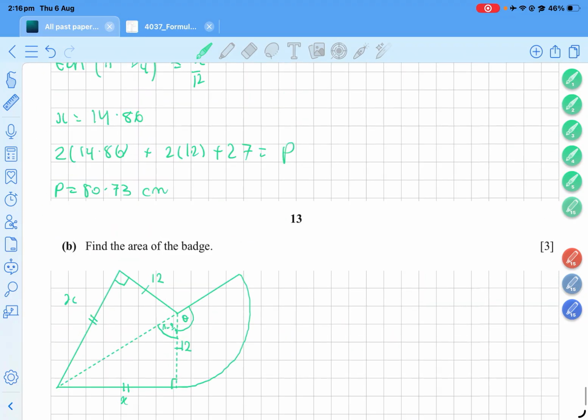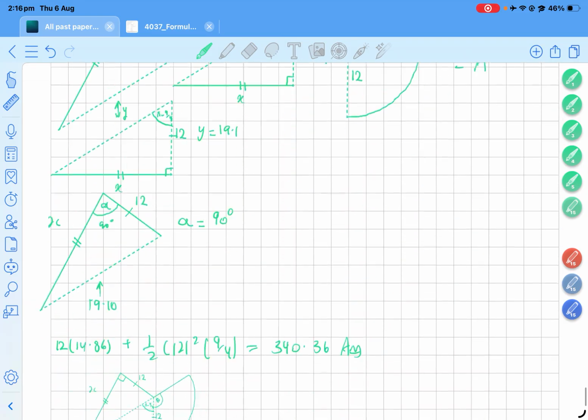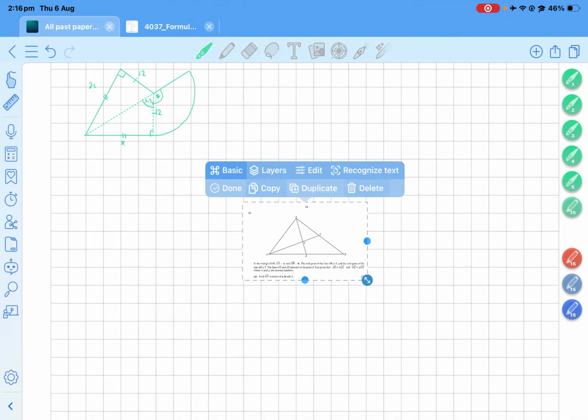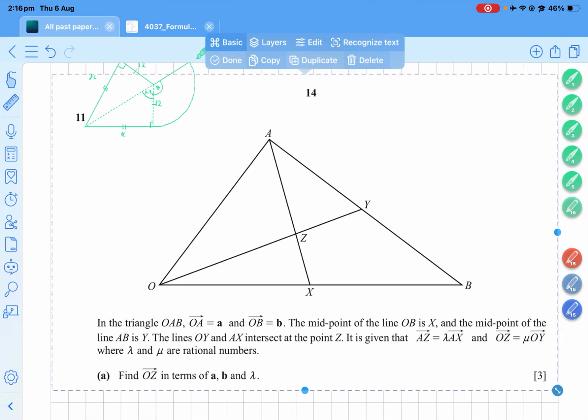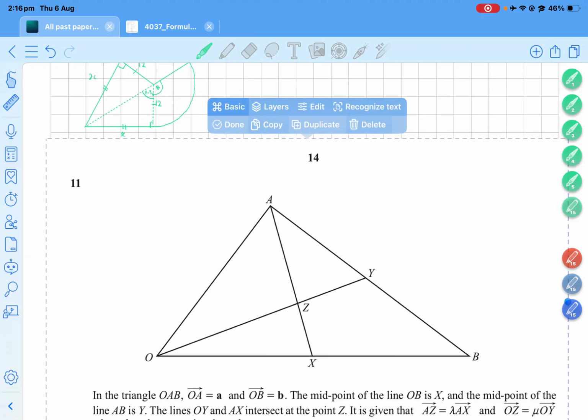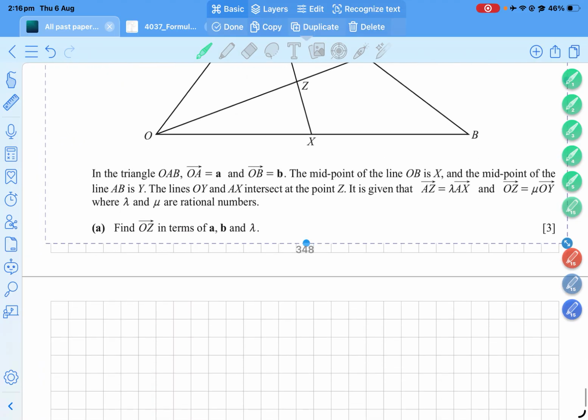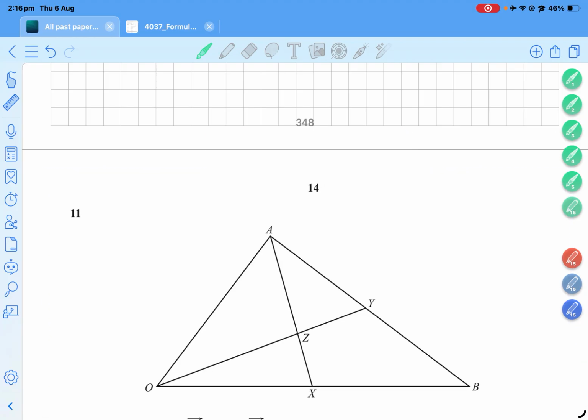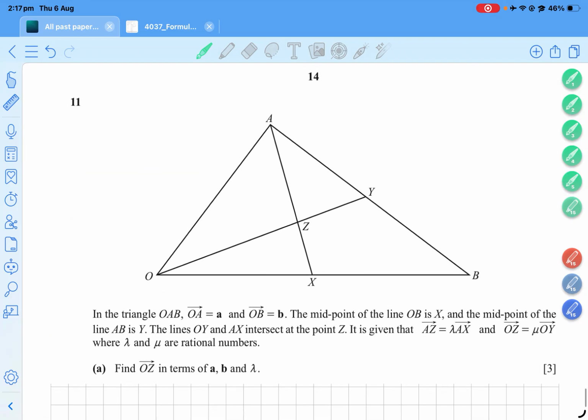Question number, I think this is 10. Yeah. Question 11, let me just put it over here maybe. So in triangle OAB, OA and OB are these.